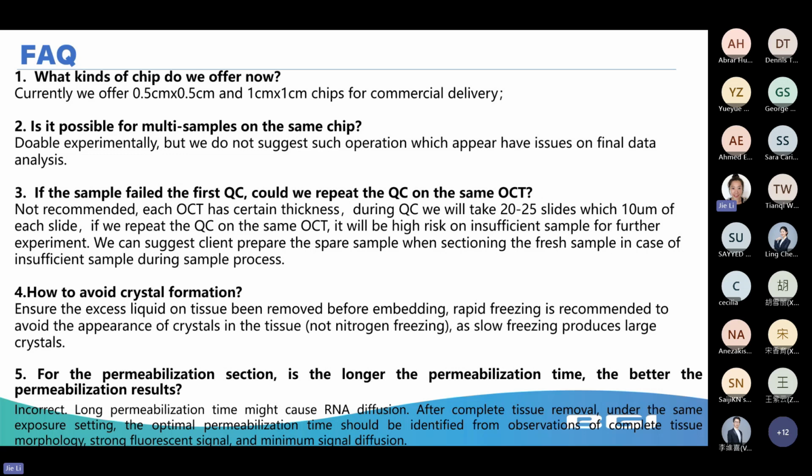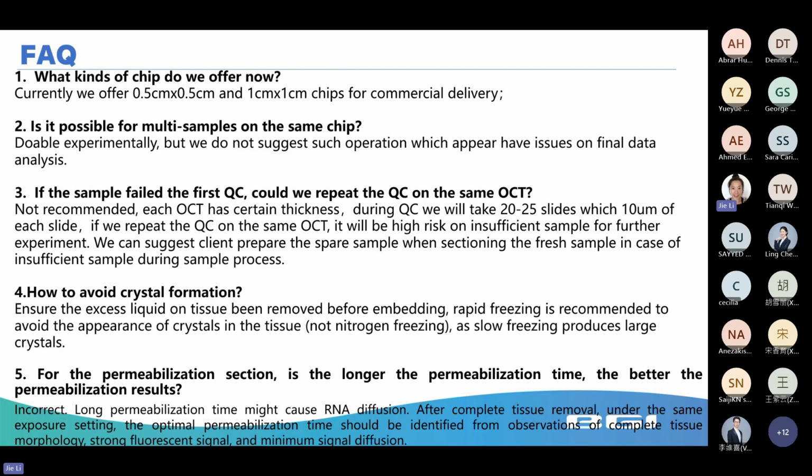And the last question is about the permeabilization section. Is a longer time a better result? That is incorrect, because a long permeabilization time may cause RNA diffusion. After completion of the tissue removal, it will have the same exposure setting.